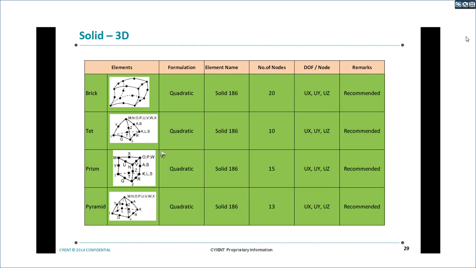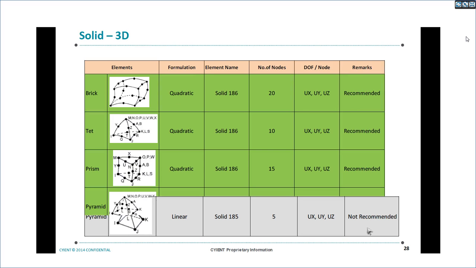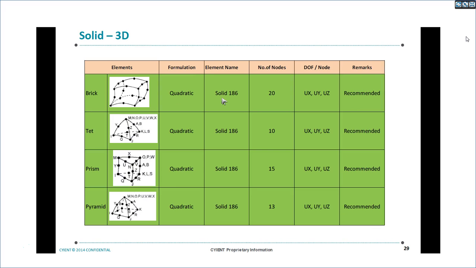Coming to solid 3D, we take the brick element. Brick 8 noded is recommended, whereas TET 4 noded is not recommended. Prism 6 noded is not recommended. Pyramid 5 noded is not recommended. Now coming to the higher order solids, brick 20 noded is recommended.